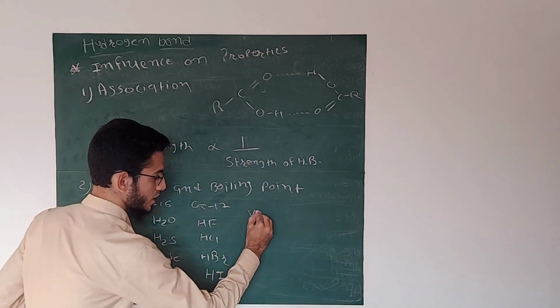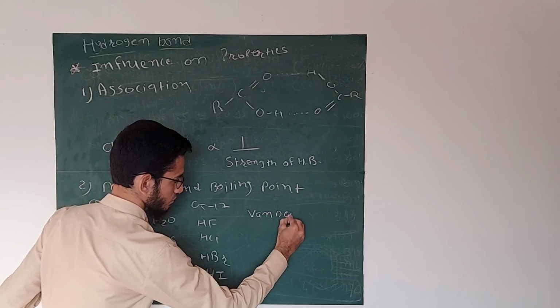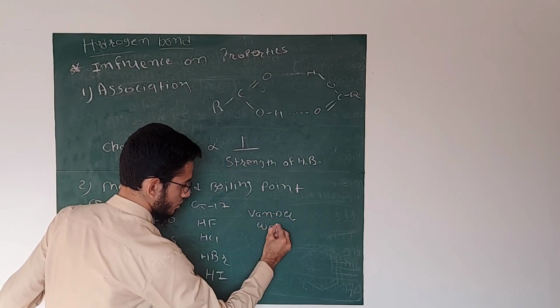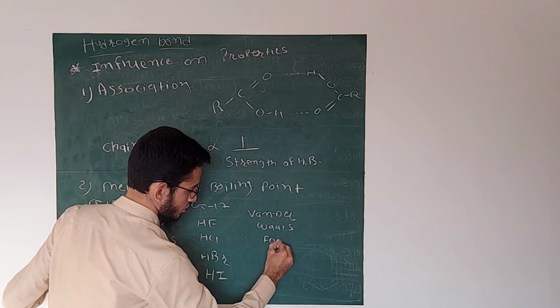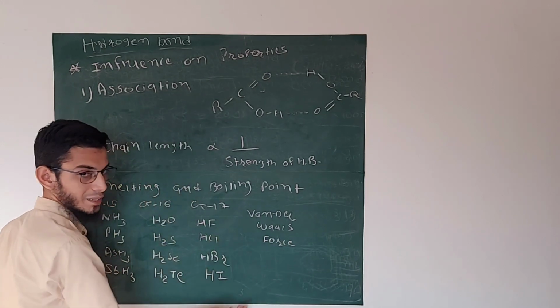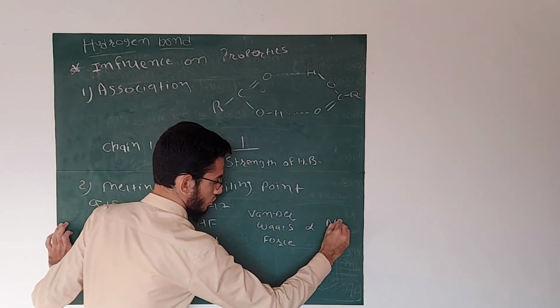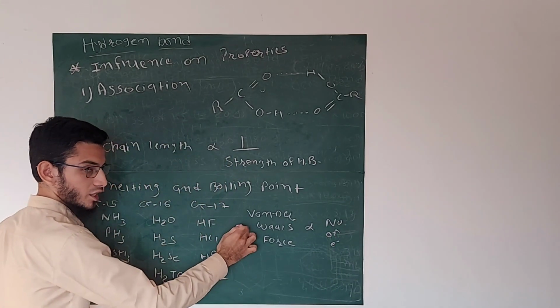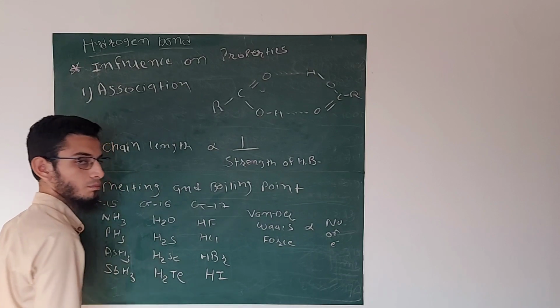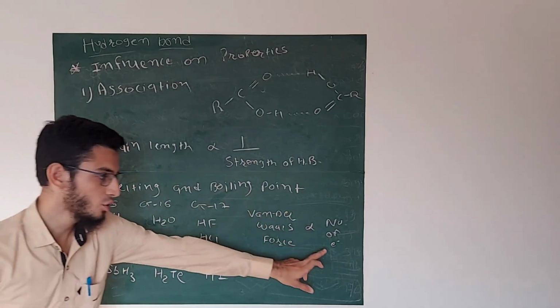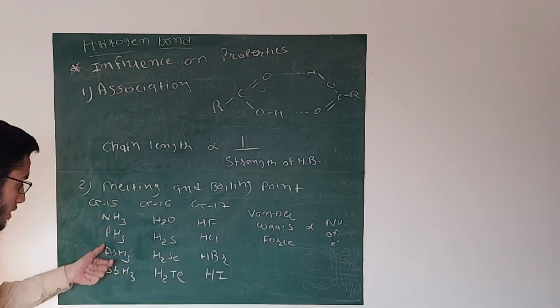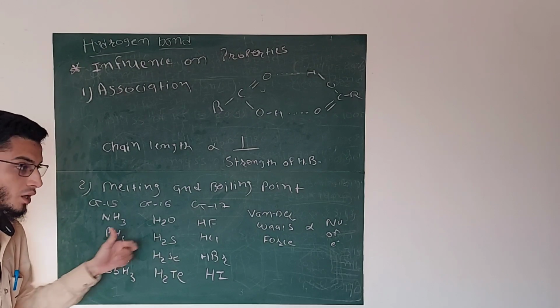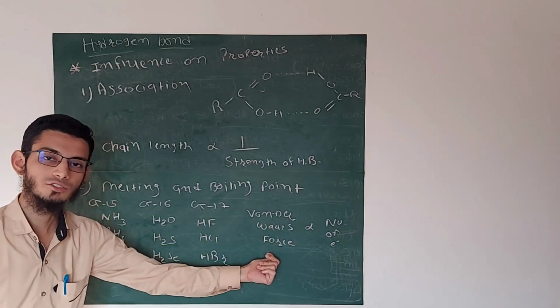The strength of Van der Waals force is directly proportional to the number of electrons. As the number of electrons in the atom increases, the Van der Waals force also increases.